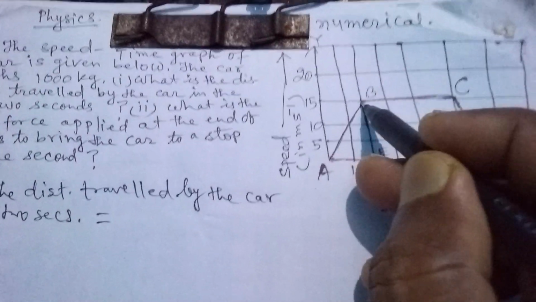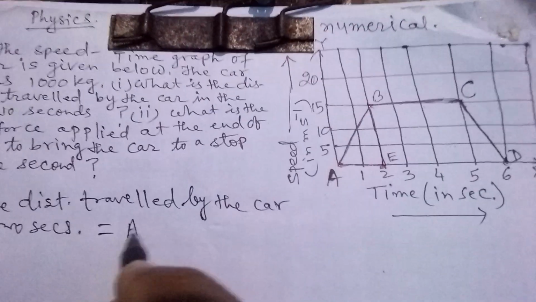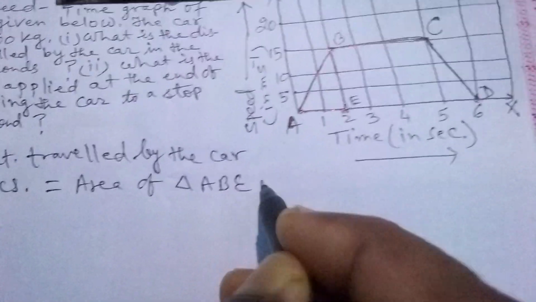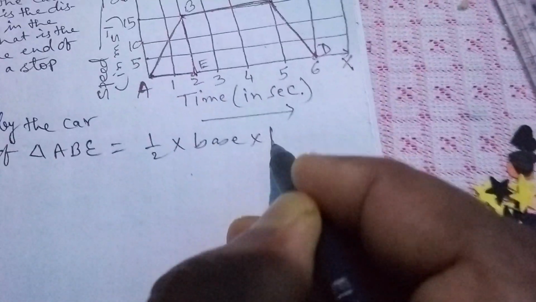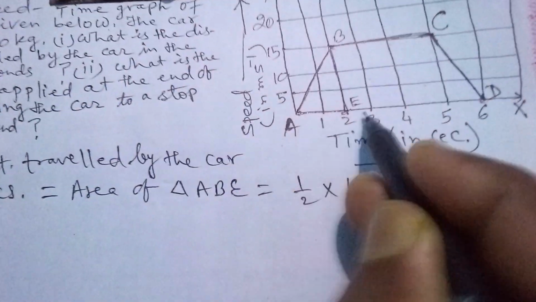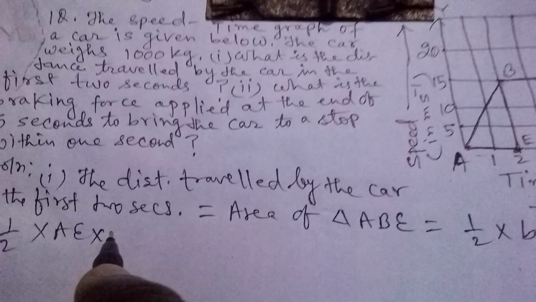The area of the triangle ABE will give us the distance traveled. So that is equal to the area of triangle ABE, which is 1 by 2 into base into height. So here the base is A, and the height is B.